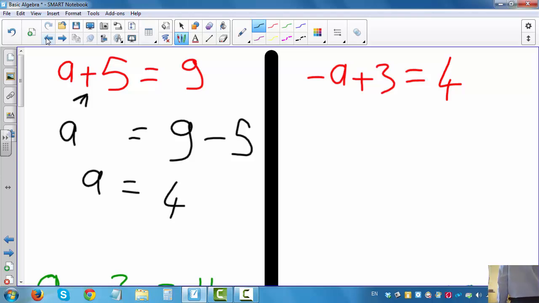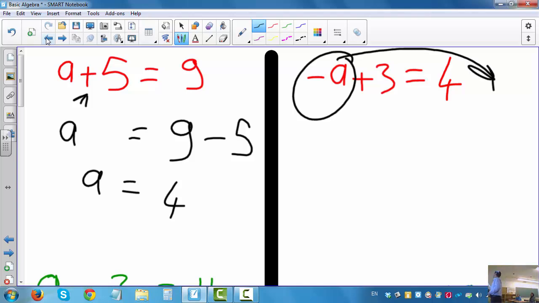And most of the time I get the question, what happens if A, sorry, I did that on purpose, if A has the negative sign. So first of all, I never like dealing with negative signs. So therefore, to get rid of the negative sign, this time I'm going to send this to the other side.